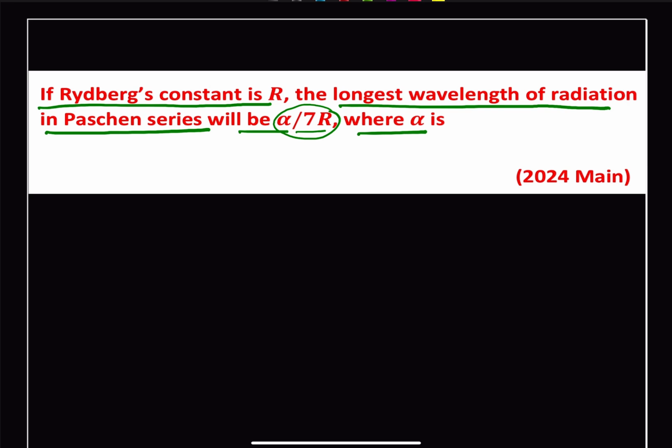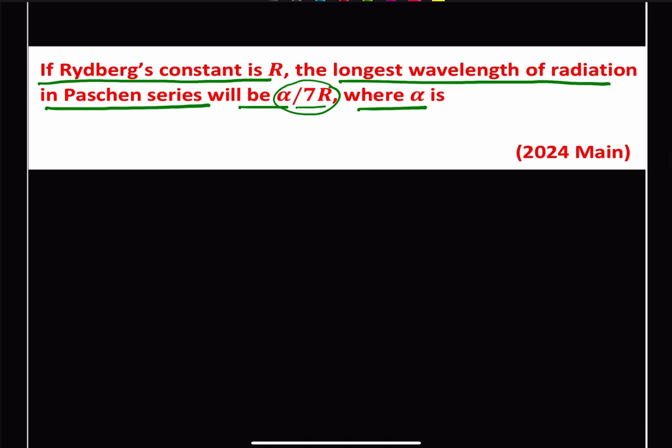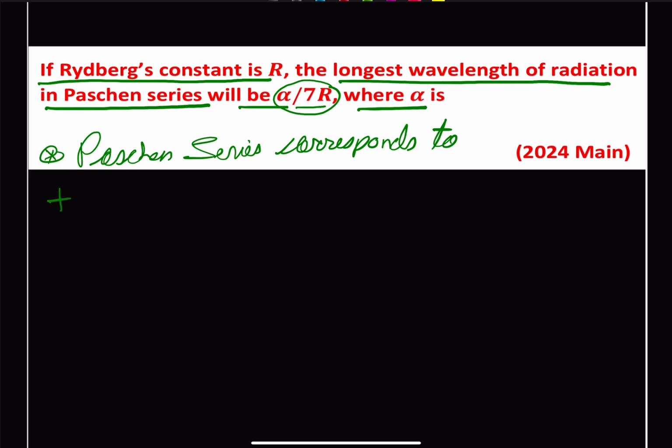Once again we have to keep in mind that the Paschen series corresponds to the transition where the electron falls to n equal to 3 from a higher energy level, that is n greater than 3.